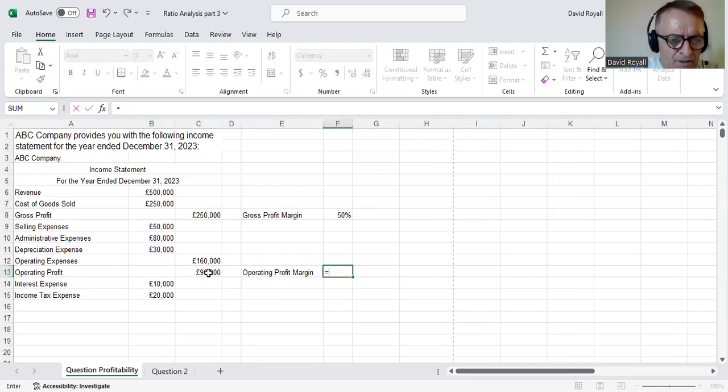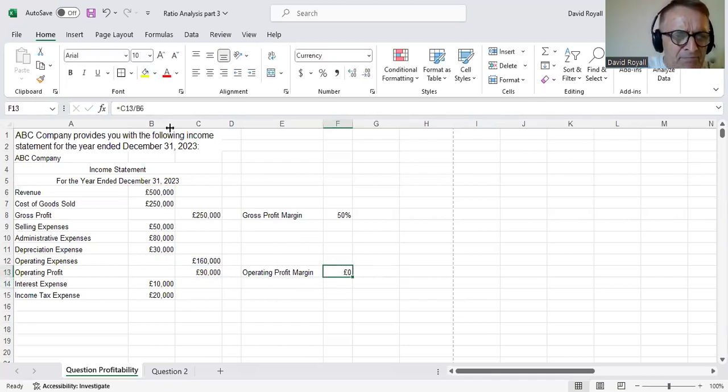So take the operating profit, divide that by the revenue and express that as a percentage. And you can see that it will drop. If that figure was higher than this figure, then you know you've got a problem. You haven't worked it out properly.